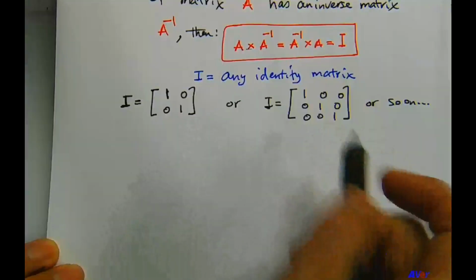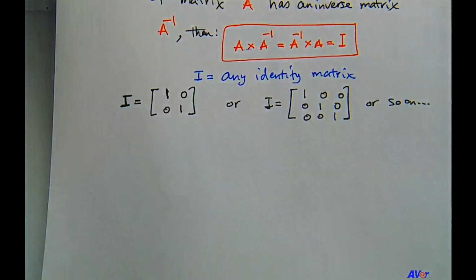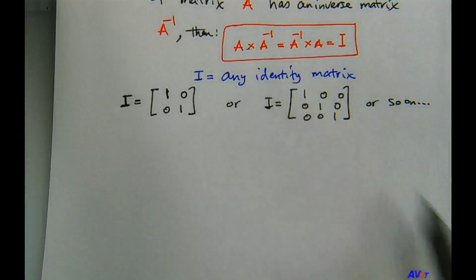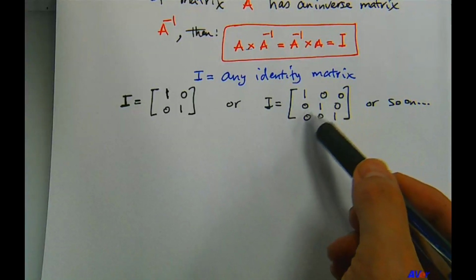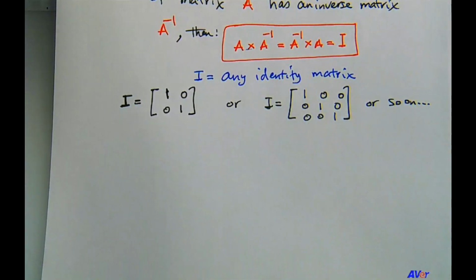So if it's a bigger matrix, if it's a 4 by 4 matrix, then it's going to be a 4 by 4, but it's going to look exactly the same. All the diagonals are going to be 1, and the numbers above and below that diagonal are going to be 0.